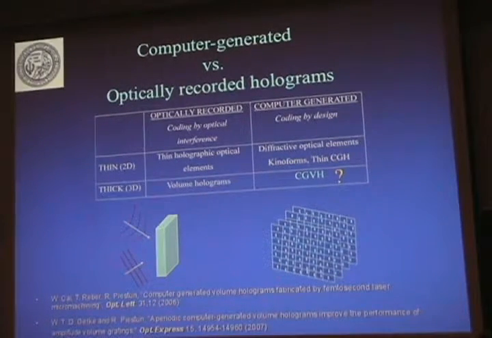There's no company selling these volume holograms because they were not developed. So what I'm going to talk about today is this type of holograms, okay? And this could be a motivation to develop liquid crystal arrays in 3 dimensions that could generate these new functions.